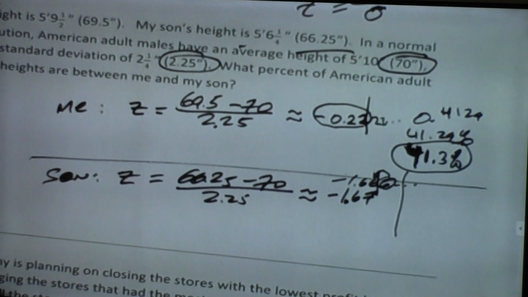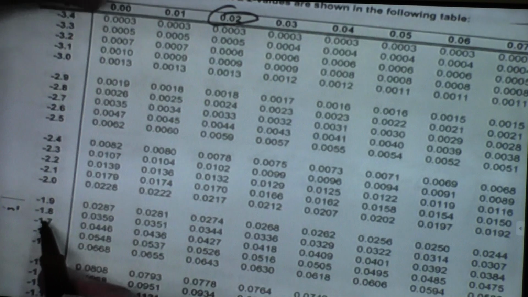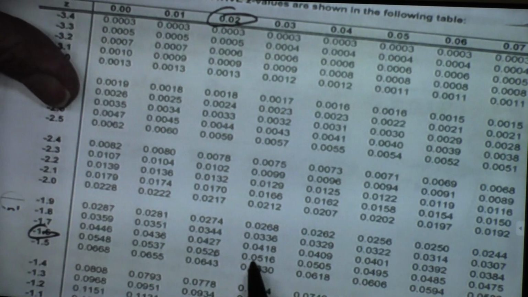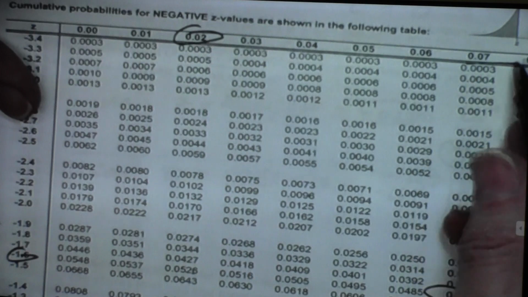Now let's find his z-score on here, negative 1.6. So there's negative 1.6, and I'm going to go along here 2, 3, 4, 5, 6, 7. So 0.07.